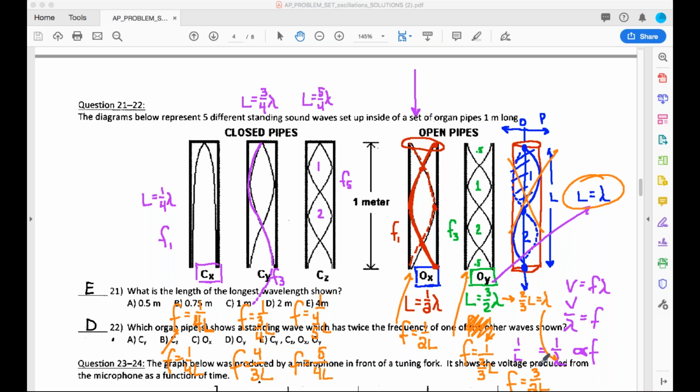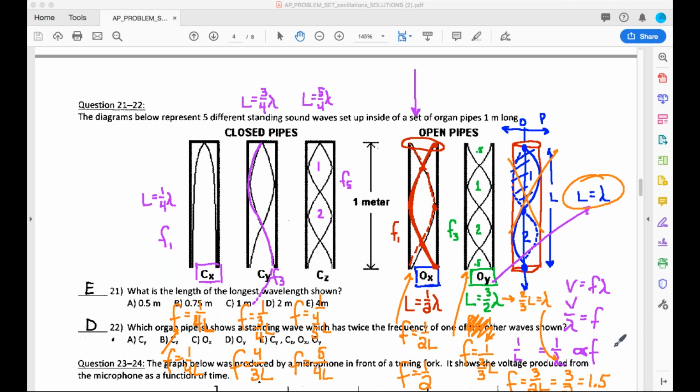Bear with me for 1 sec. So if L is equal to 1, this is 3/2. And this one is F is equal to 1/2. So 3/2 is twice the frequency of what? 3/2, so that's 1.5.